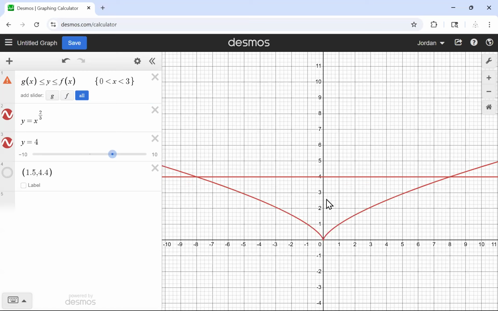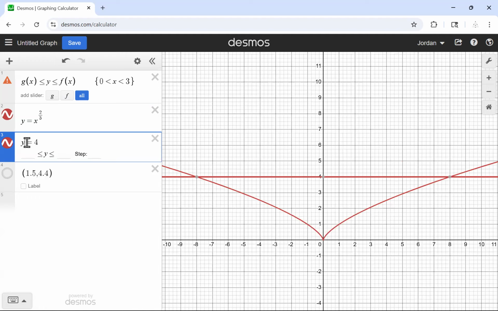Now I want to point out that in this shape, y equals 4 is the graph on top, and y equals x to the 2/3 is the graph on bottom.